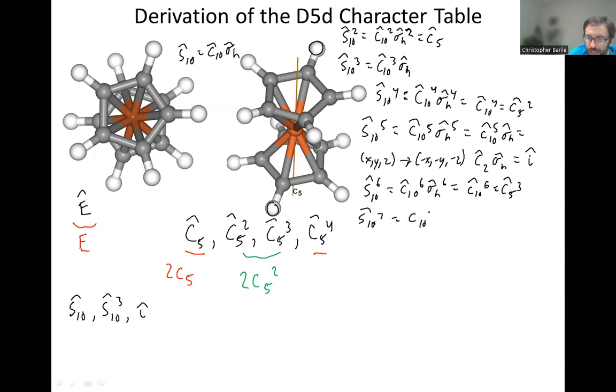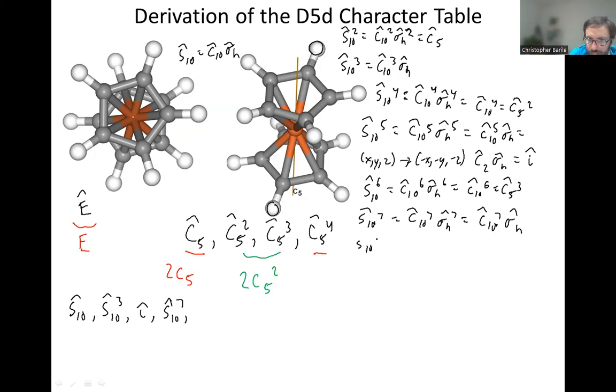That's equal to C10 seven times, followed by sigma H seven times. An odd number of flips gives us a sigma H. And a C10 seven times is actually a unique operation here. So that's going to be totally unique, so we're going to write that down. It's another operation that we have.